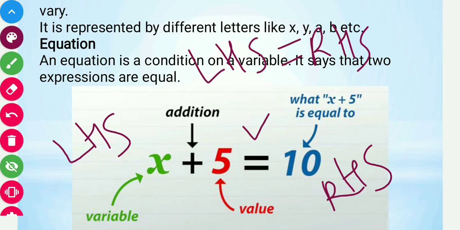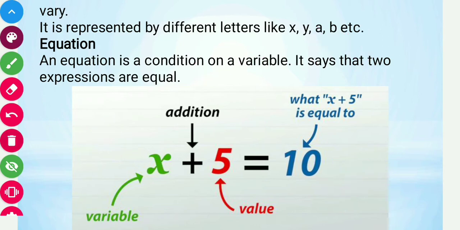So an equation is a condition on a variable. For example, x plus 5 is equal to 10. Here x is the variable, and 5 is a value. When you add the unknown number x with 5 you get 10.